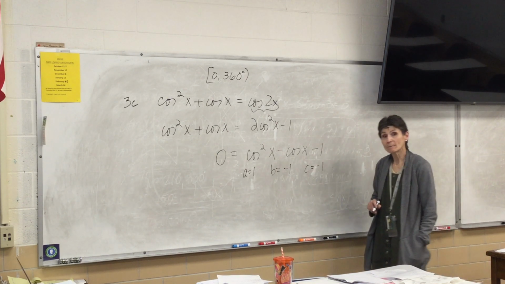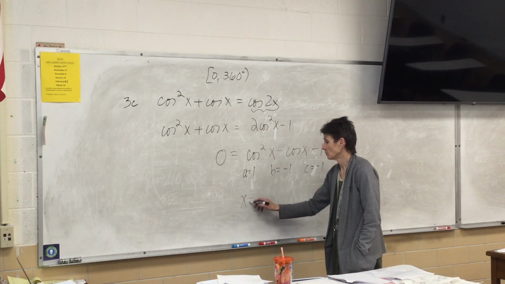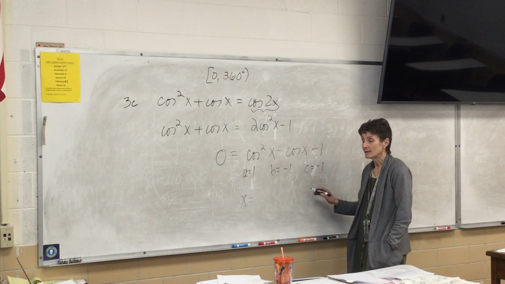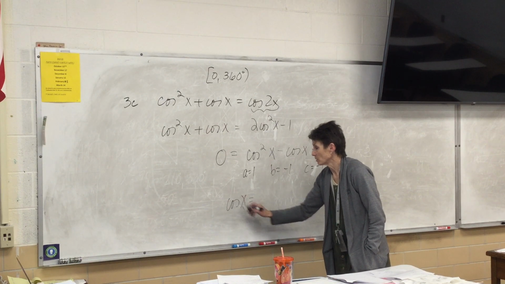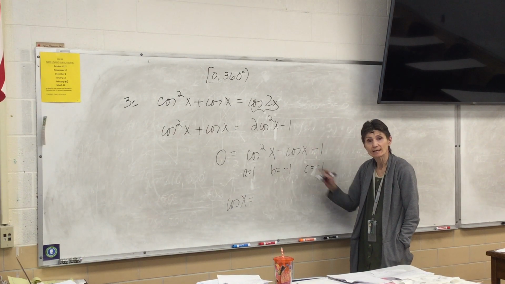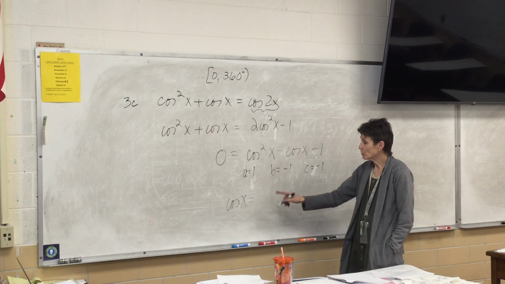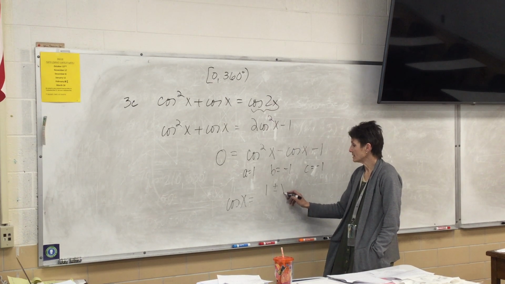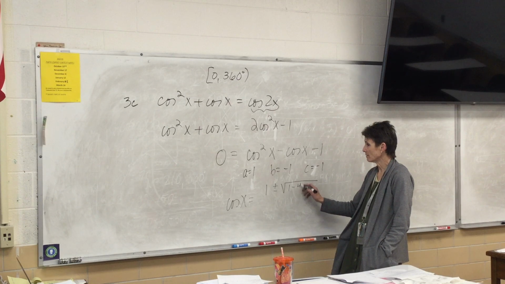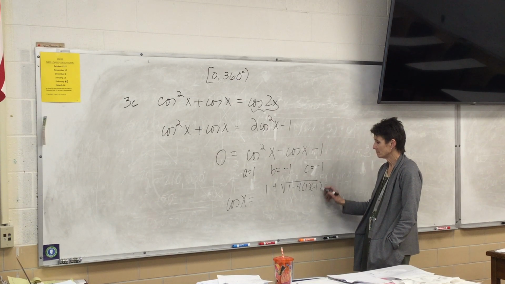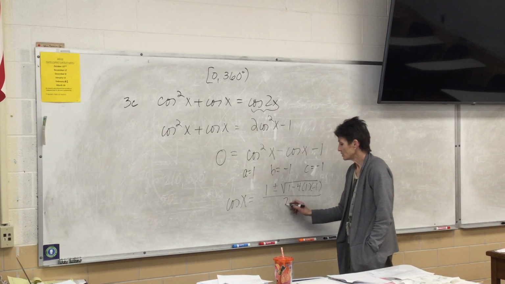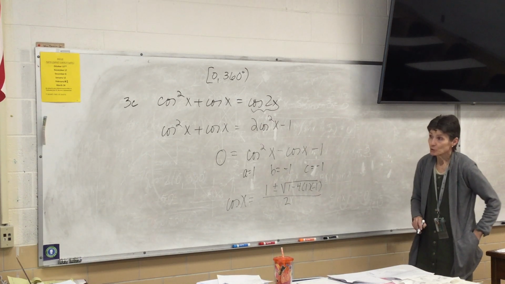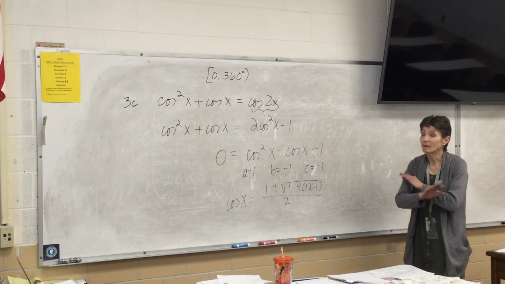Whereas normally I would say x equals -b, blah, blah, blah, now it's cosine x equals. That's my variable, cosine x. So cosine x equals -b plus or minus the square root of b squared minus 4ac all over 2a. You need to be able to do a problem like this, but not on the quiz.